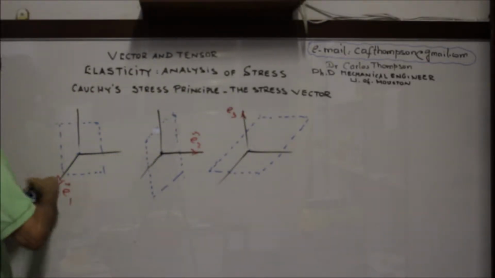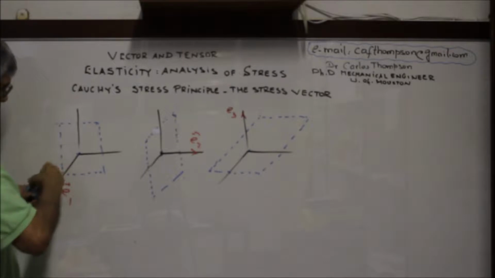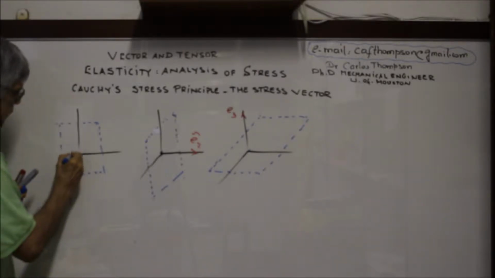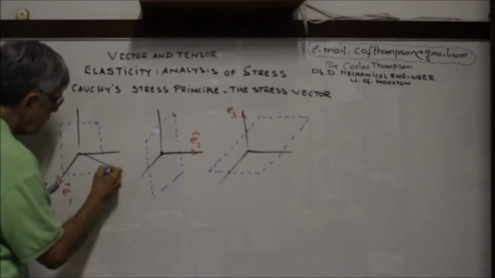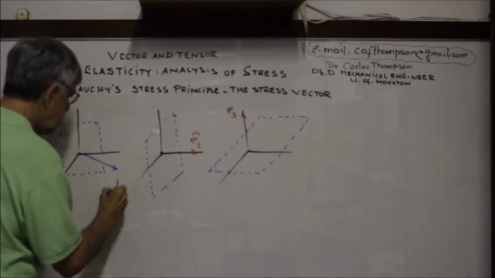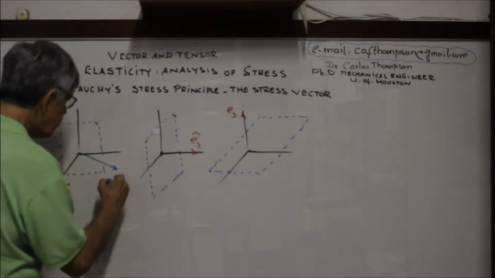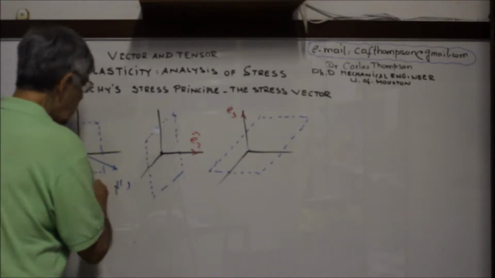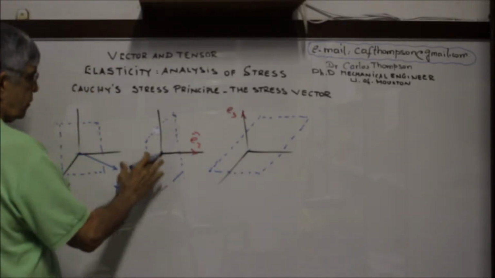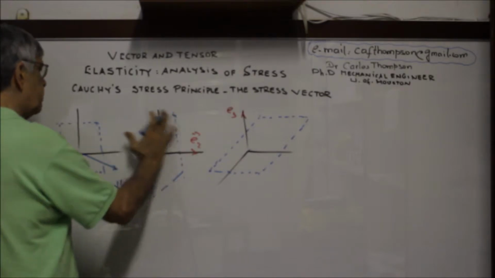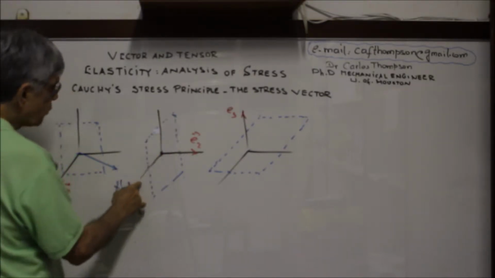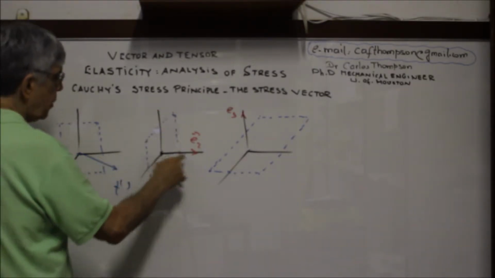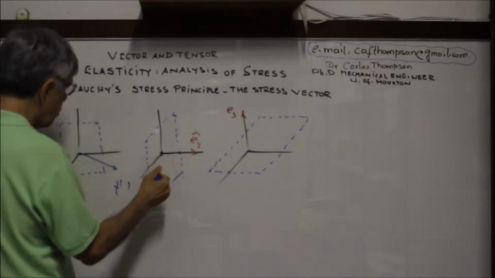Here I'll put a stress vector T associated to E1. Here is a plane, the x1, x3 plane, in which E2 is a normal.